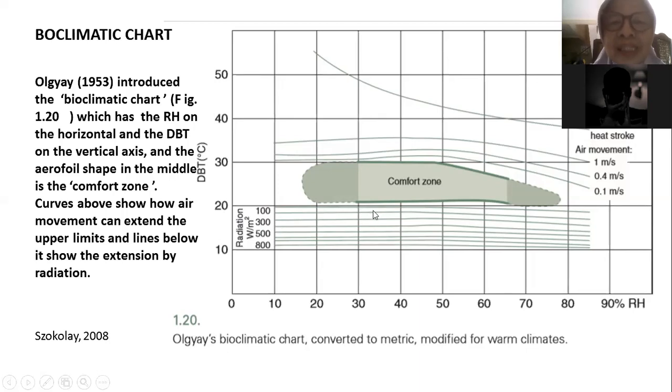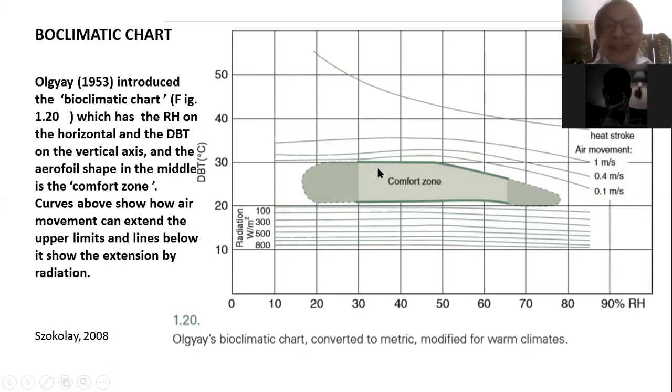That makes the condition more comfortable by 100 watt per square meter, 300 watt per square meter, and then we can feel comfort in lower temperature than 20 degrees Celsius. That is the role of ventilation or air movement in the condition in tropical region.